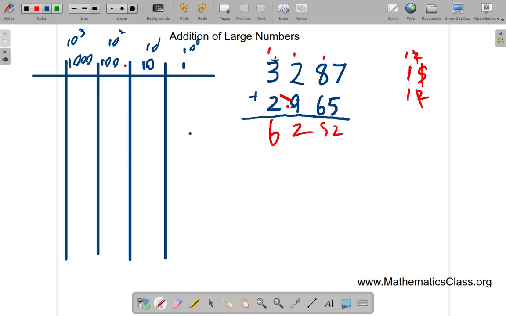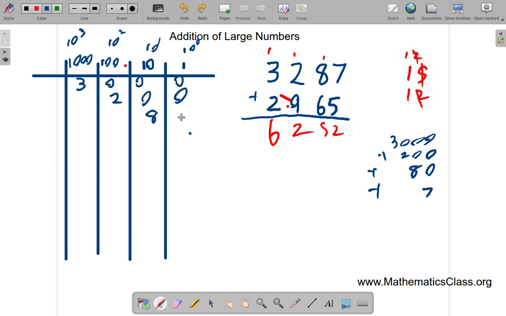Now, 3,287 means 3,000 plus 200 plus 80, which is 8 tens, plus 7 ones.